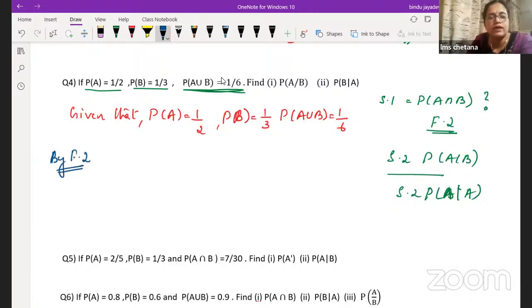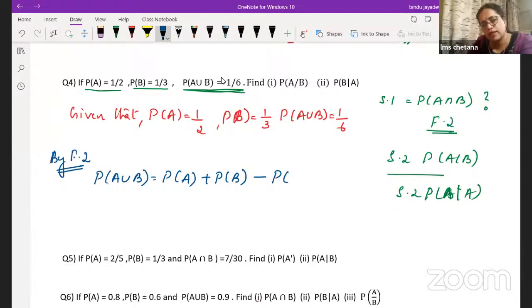This is for your understanding, there is no official numbering, we just number it that way. That is from the addition theorem. The formula for the addition theorem: probability of A union B equals probability of A plus probability of B minus probability of A intersection B. Now substitute here. Probability of A union B, what is the answer? 1 upon 6 equal to.